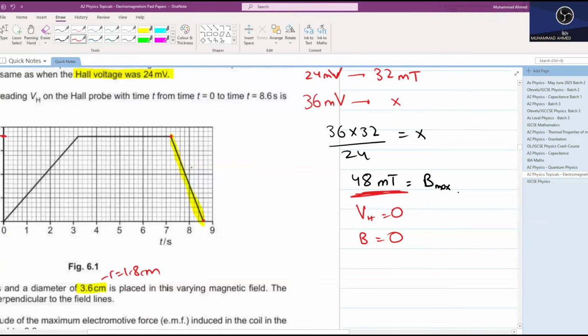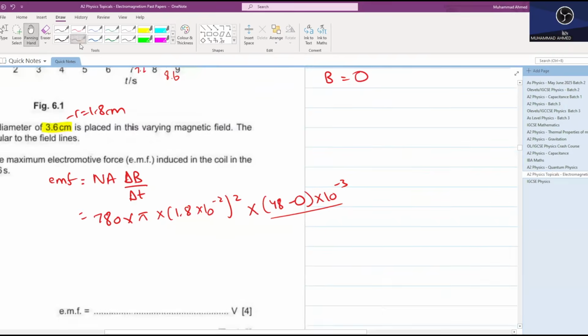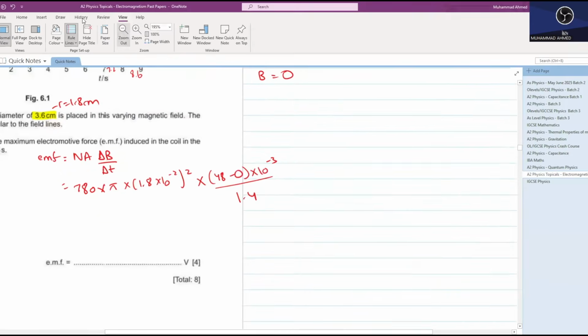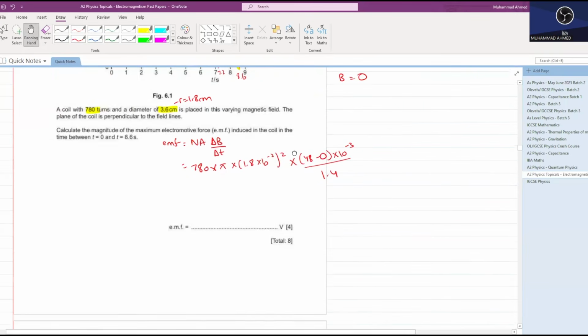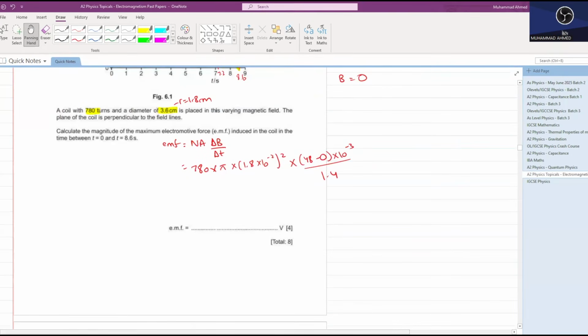Initially, your time was this, that is 7.2. Then your time became this, that is 8.6. From 7.2 to 8.6, how much time is this? 1.4. Can you calculate the EMF induced here? Yes, it is pretty easy to calculate. You have to just put in the values in the calculator. The EMF comes out to be 0.027 volts. Simple as that.